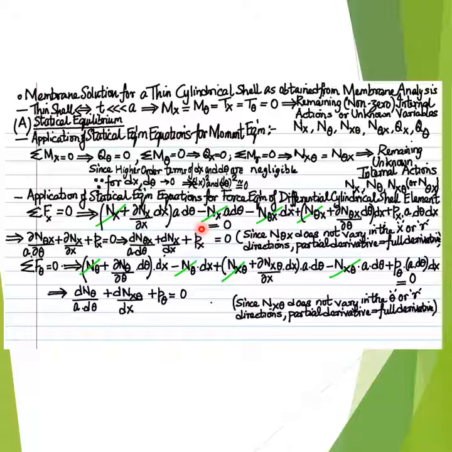Cancelling or negating the like terms in the equation, one can obtain the simplified form of the statical force equilibrium equation in the coordinate direction x of the selected cylindrical coordinate system as this equation right here.